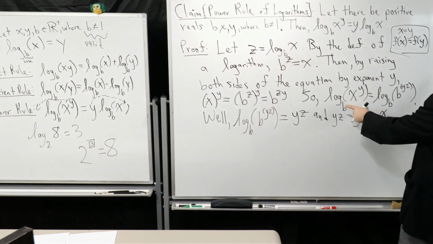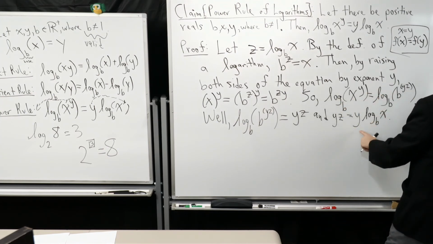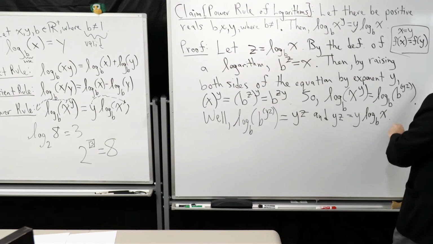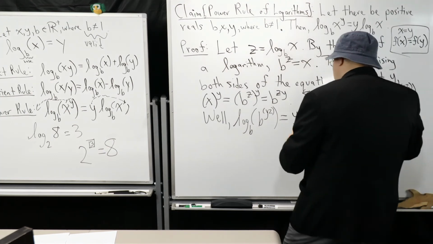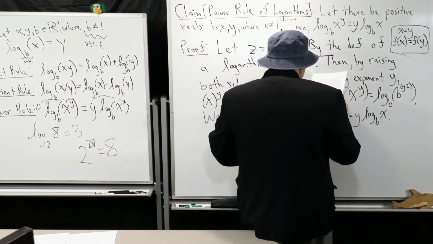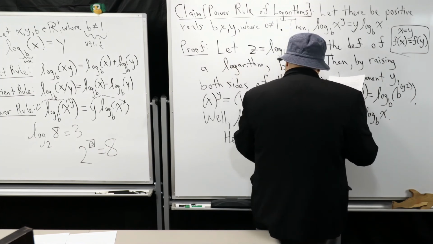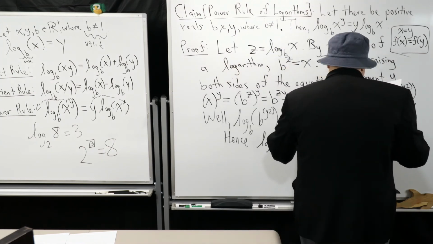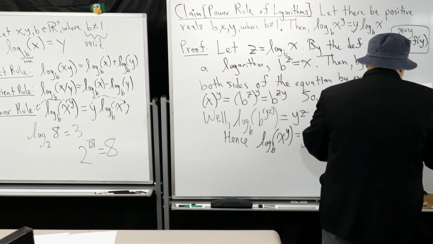So look at this. We know this, right? And I've established that this is in fact equal to y log base b of x. Are we done? Yes, we're done. Hence, log base b of x to the y is equal to y times log base b of x. And we're done.